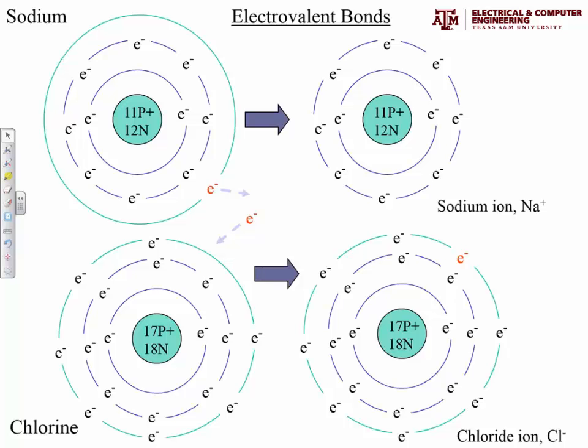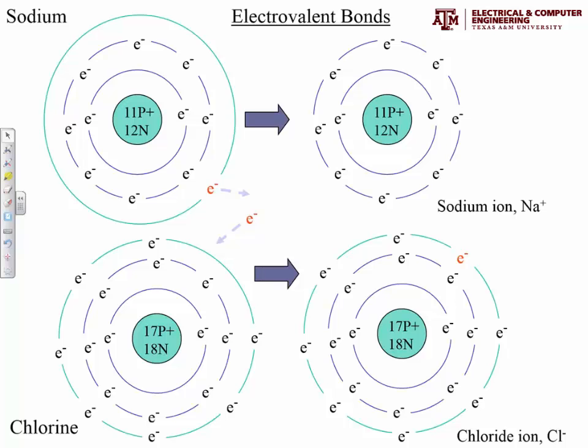So the natural thing to happen here is for the sodium atom to donate its sole electron to chlorine, and now both what is left of the sodium atom and the chlorine atom have completely filled outermost shells. Before losing that electron, the sodium atom was electrically neutral.